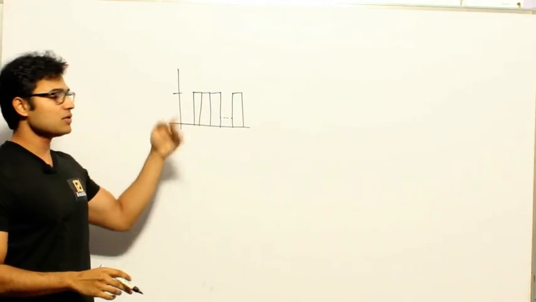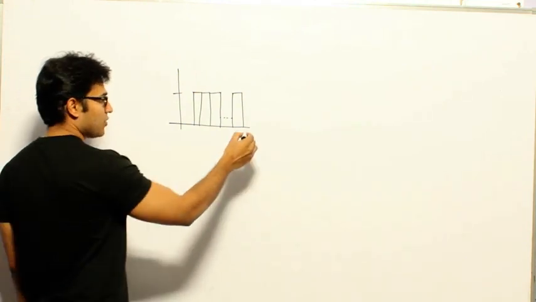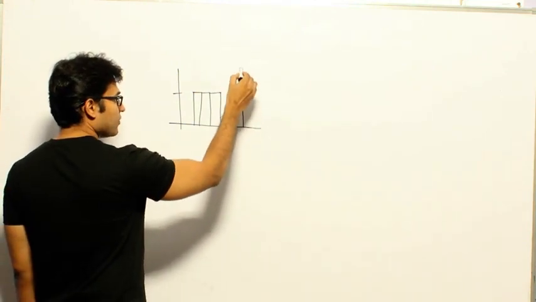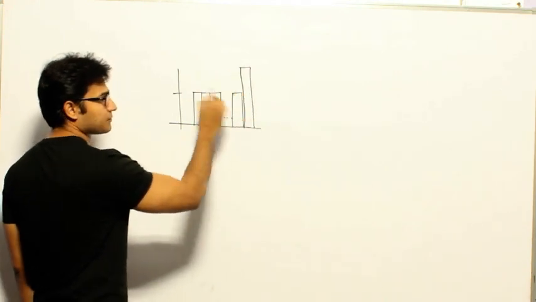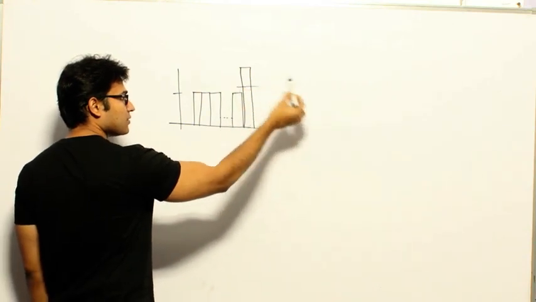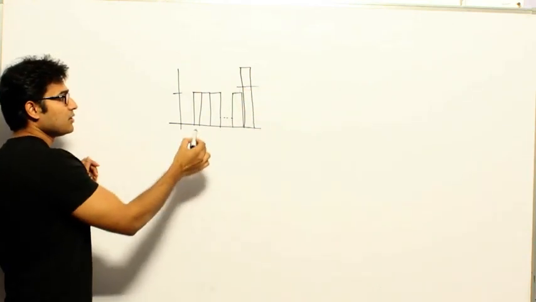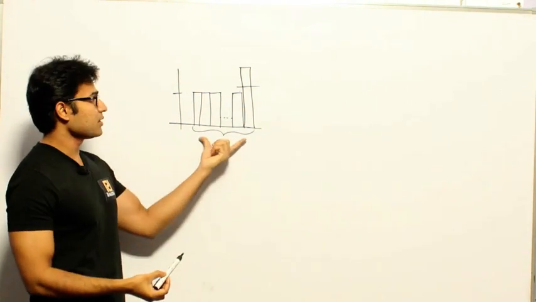Now if I try to add a new value, what happens to the new average? Let us say that new value is greater than this average, right? Now this particular part could be divided, taken out, and distributed over all these n items. As of now there are n plus 1 items.